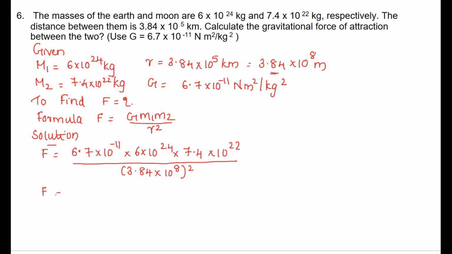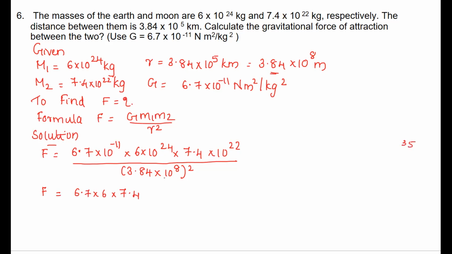Okay, that is equal to 6.7 into 6 into 7.4. We will solve the power of 10. 10 raised to minus 11. Here 10 raised to 24 and 10 raised to 22. 24 plus 22 is 46. 46 minus 11 is 35 will come.